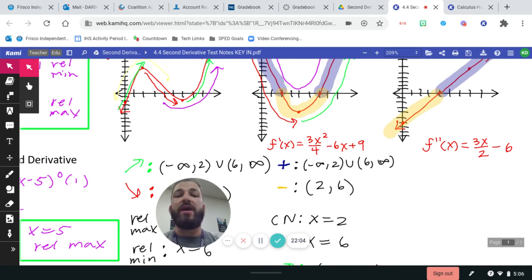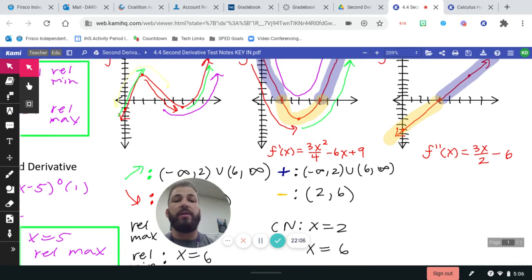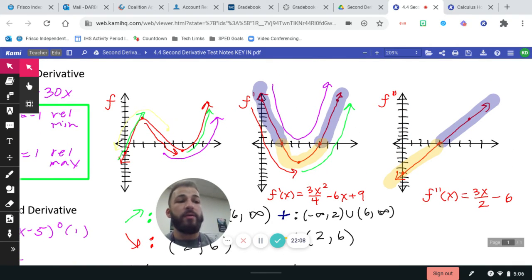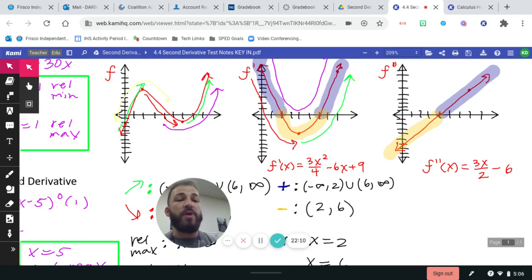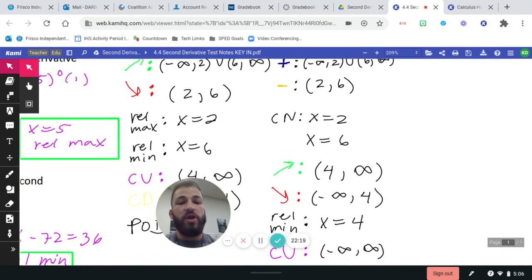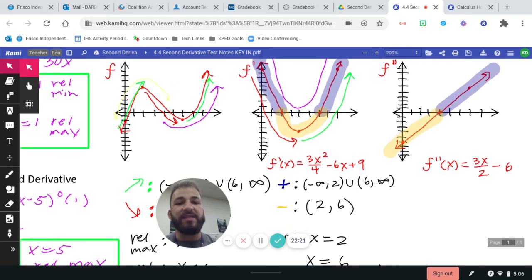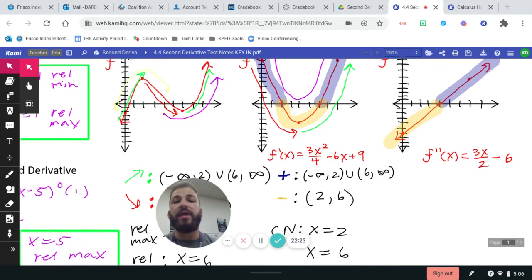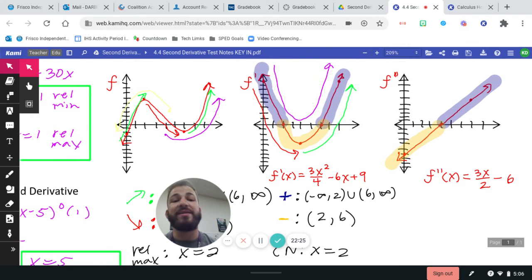Okay, so now let's finish this up by talking about F double prime. F double prime is positive from 4 all the way to infinity. So where F double prime is positive, F prime is increasing and F is concave up.